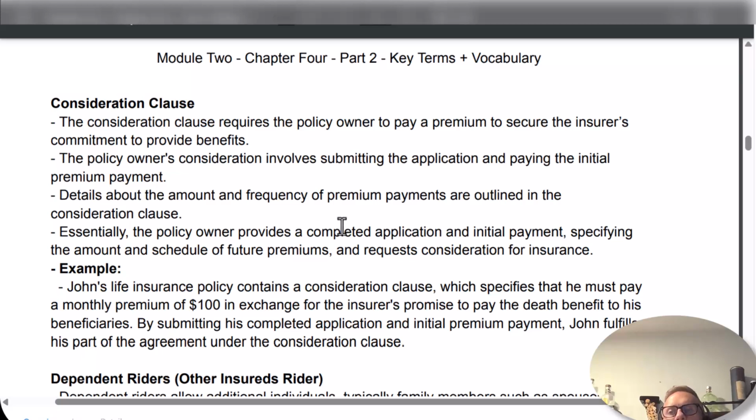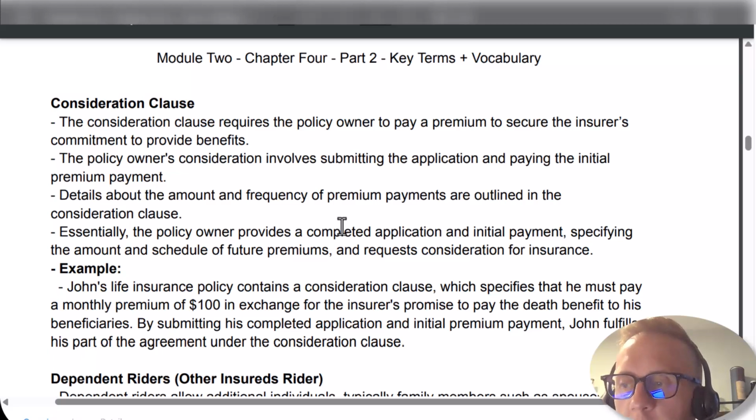Okay, consideration clause. Consideration is a big part of life insurance contracts. The consideration clause requires a policy owner to pay a premium to secure the insurer's commitment to provide benefits. So what this means is the policy owner needs to pay part of the consideration. The policy owner's consideration involves submitting the application and paying the initial premium payment.